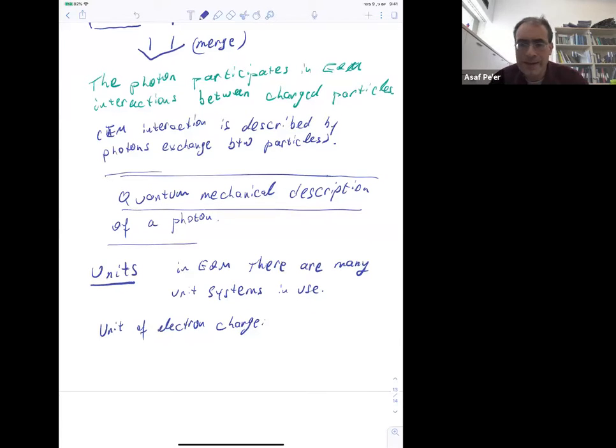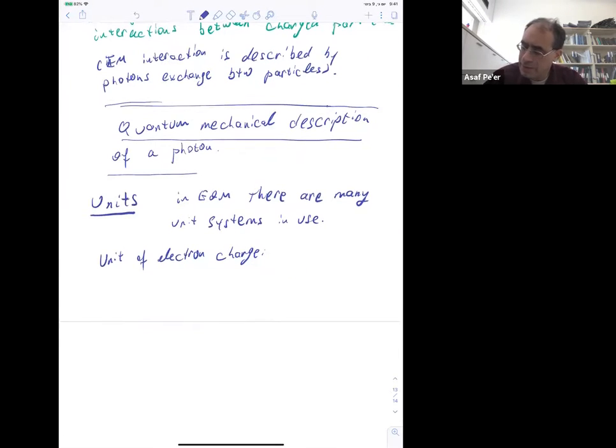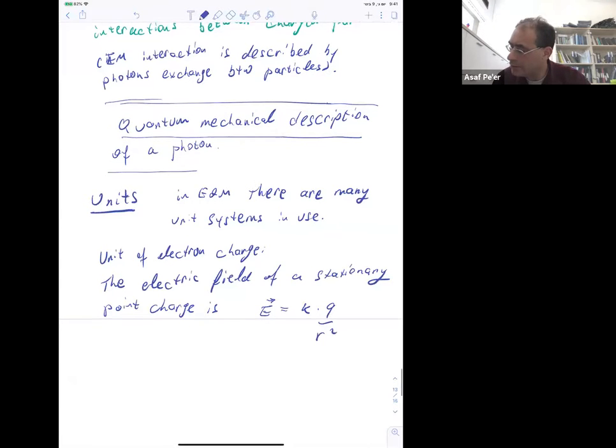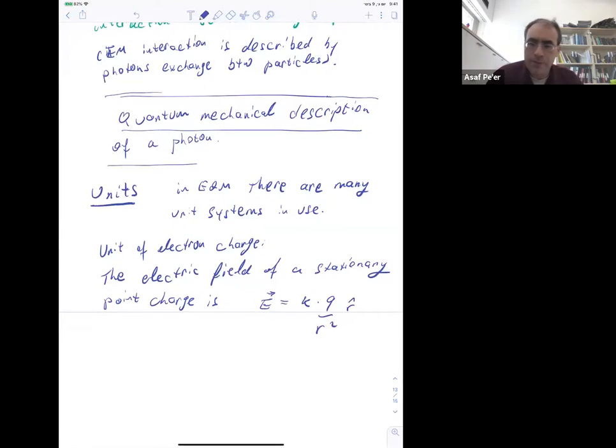The unit of electron charge is described by the electric field. An electron charge produces an electric field. The electric field of a stationary point charge is E equals K times Q over R squared, in the radial direction. And the question is, what is K?